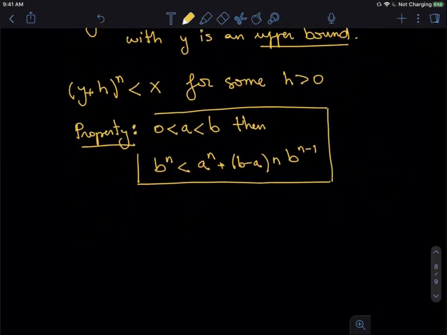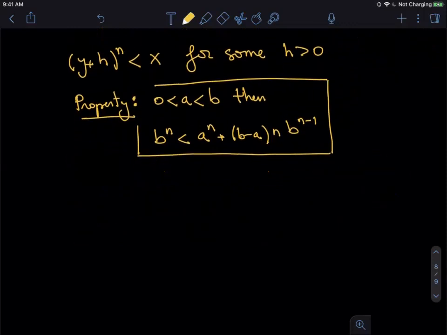It follows from convexity, or it's also a first order Taylor expansion, but we shouldn't use that because we will prove that towards the end of the semester. We shouldn't use things we haven't proved. But lucky for us, there is a very easy proof using that n is an integer.